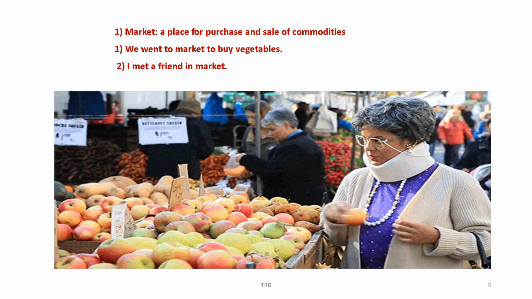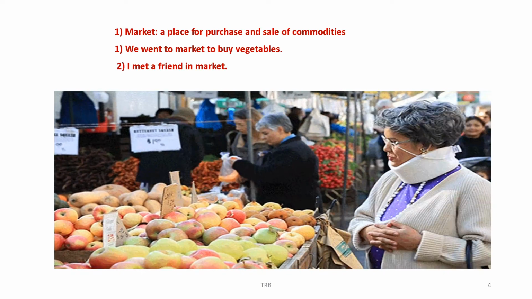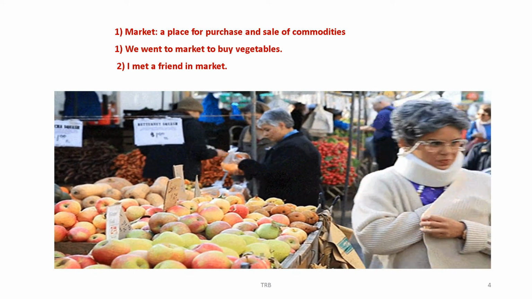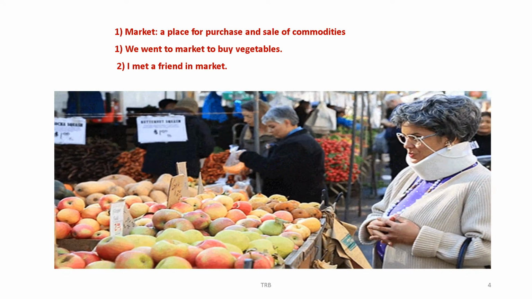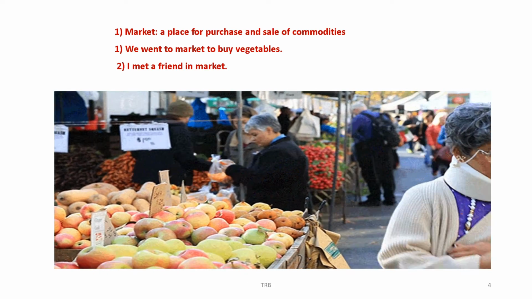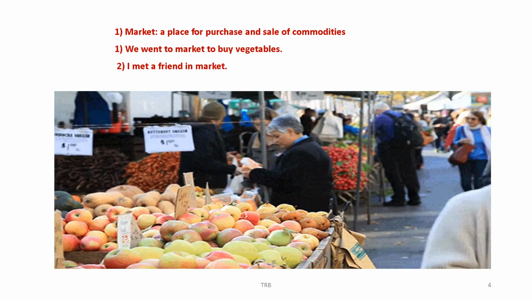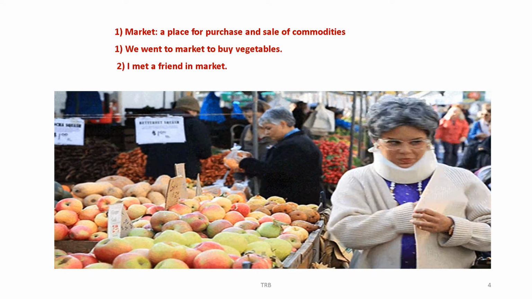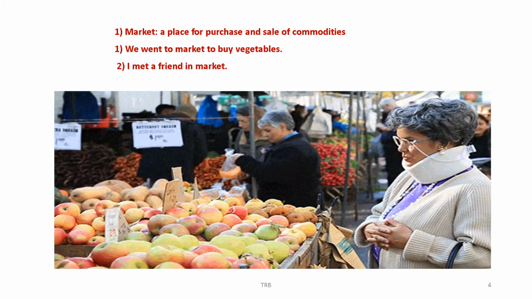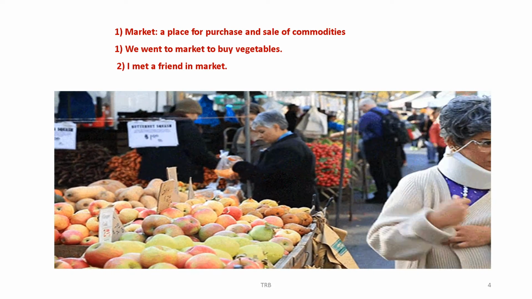In order to read any text, we need to know the meaning of certain new words and the sentences relating to it. Now let's go into the first word, market. Market means a place for purchase and sale of commodities.